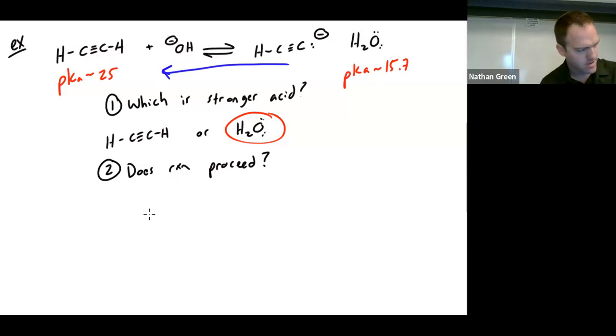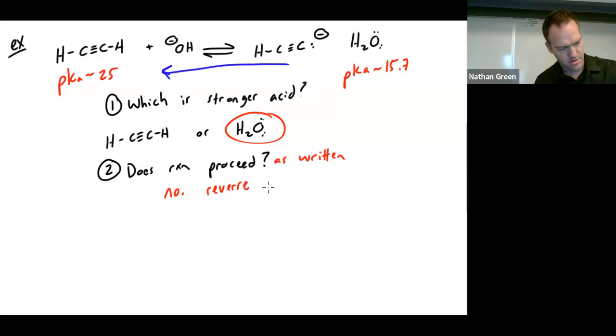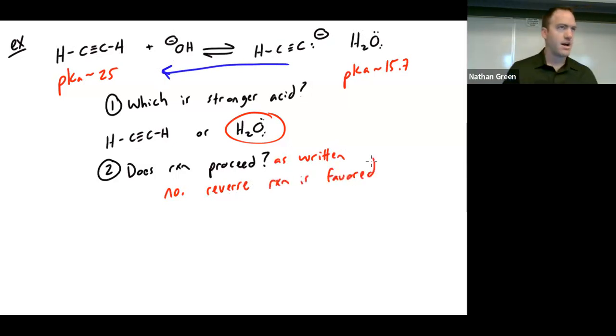Does the reaction proceed as written? No. The reverse reaction is favored. I am not going to lose a proton from acetylene to make water when water is the stronger acid.